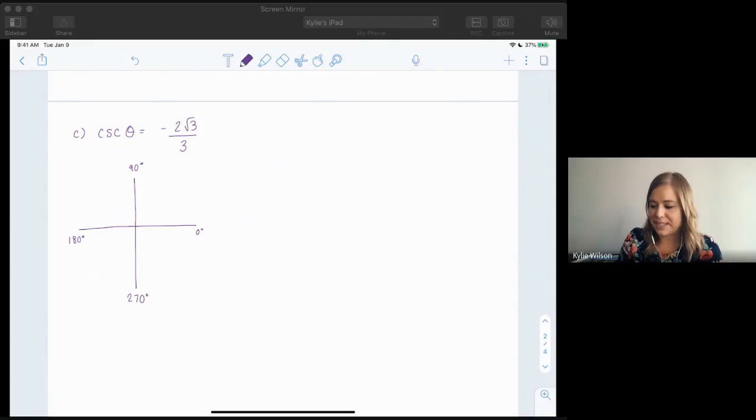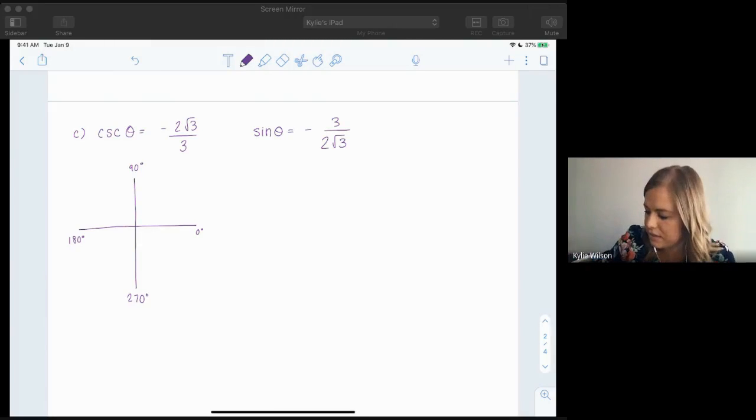So that means I'm going to have to find everything for sine. So I'm going to switch this to sine, and when we switch it to sine, we just flip our fraction. So we're going to have negative 3 over 2 root 3, like this. I'm just going to leave the radical on the bottom for right now because it doesn't really change anything when we are finding our theta.